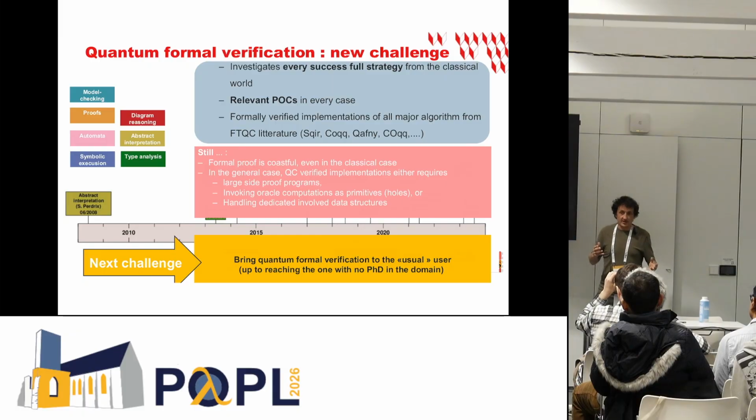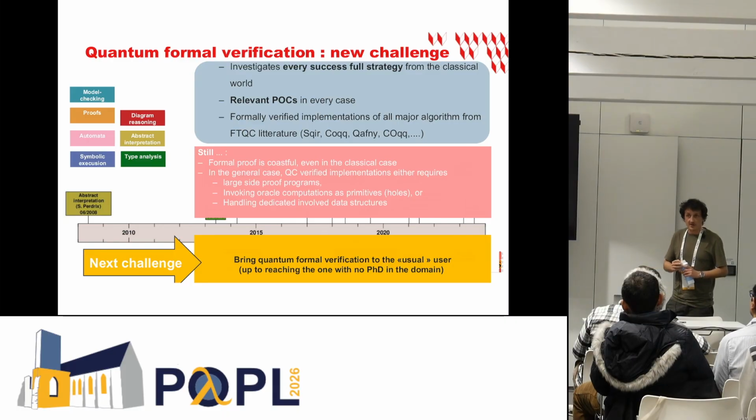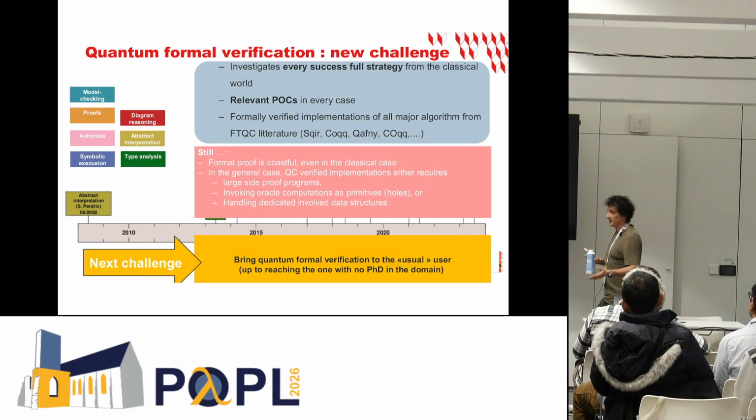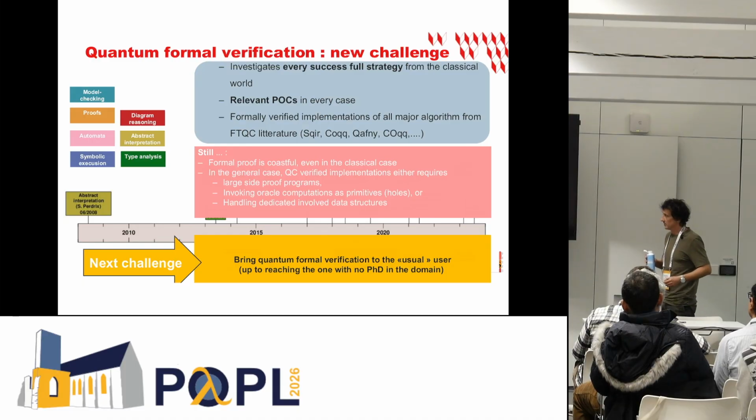In the general case, this proof is big, it's larger than the code itself, and it requires the developer to write this proof code. We need some extra, dedicated expertise and knowledge, and maybe something affective also towards the activity of formal verification.